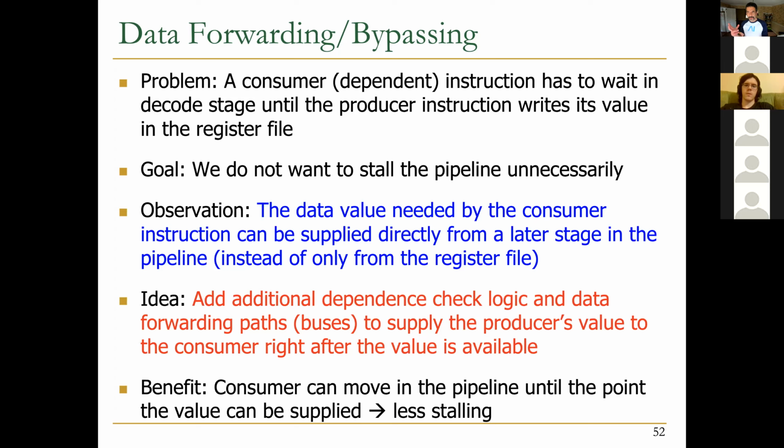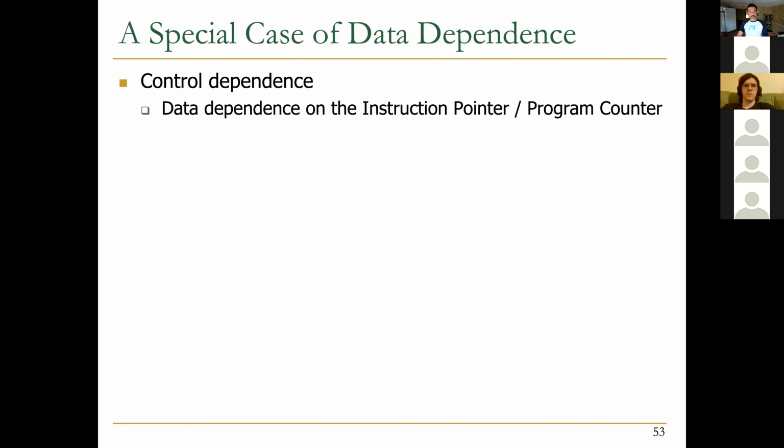But it doesn't mean that we don't have any stalling, because there are situations where the value of some instruction that has entered the pipeline has not even been calculated yet. There would be some instructions that basically need to be stalled at some point.